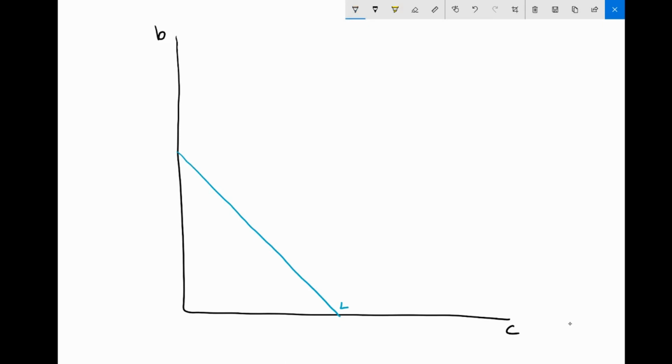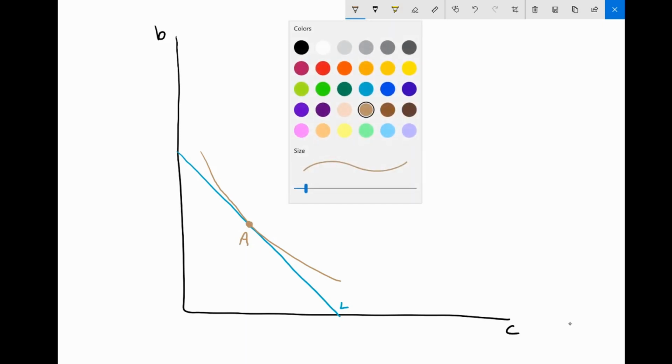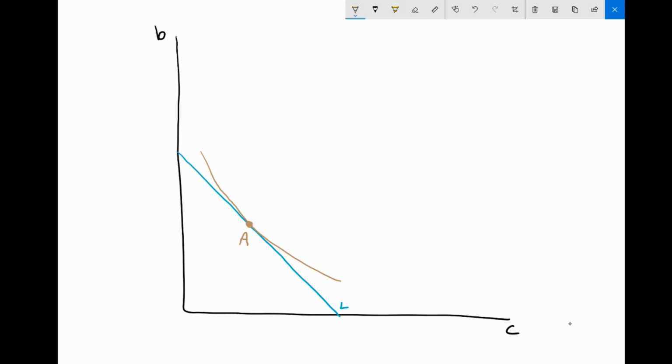And we will draw an indifference curve. The indifference curve implies that they're going to choose bundle A here. Now I'm going to put some grid lines on this.